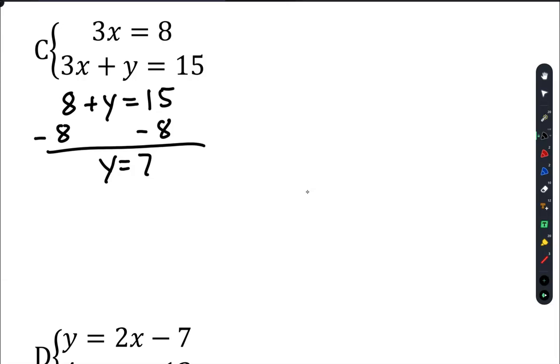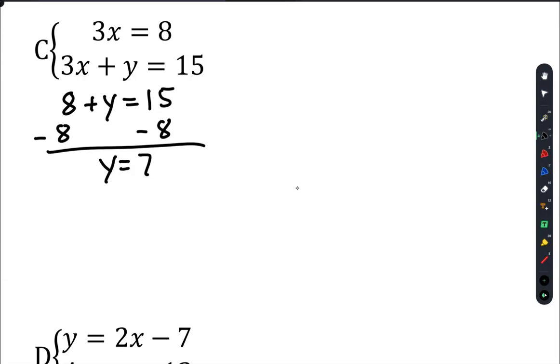All right, so now I know what y is, but I need to know what x is. So what I'm going to do is plug that back in. Actually, I could plug it back in and solve it, but since I already have an equation with just x in it, I could just solve that right away.